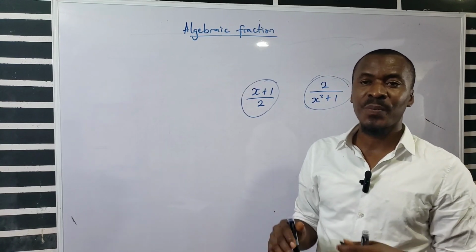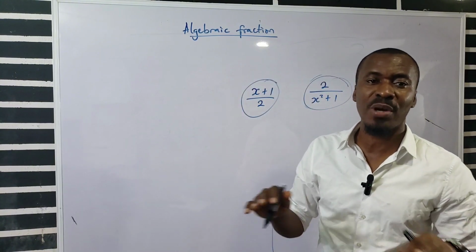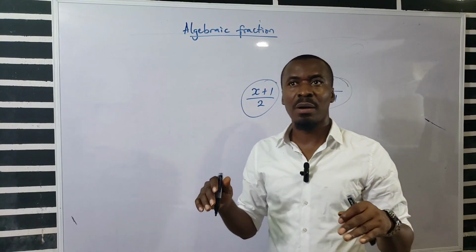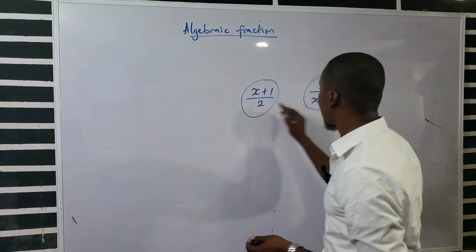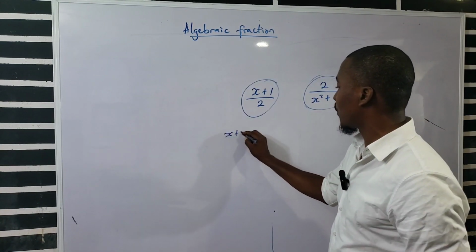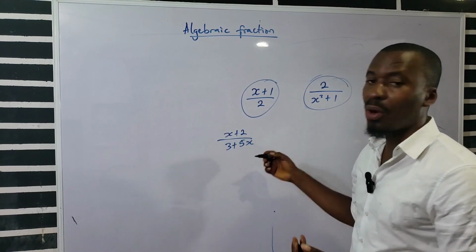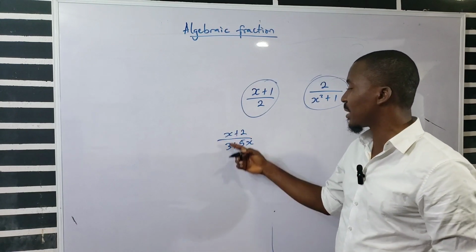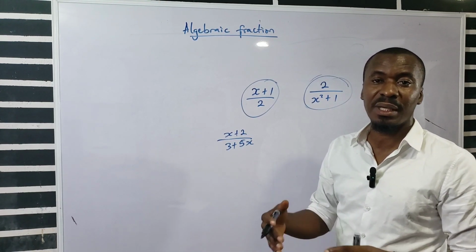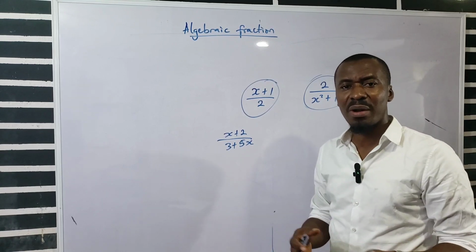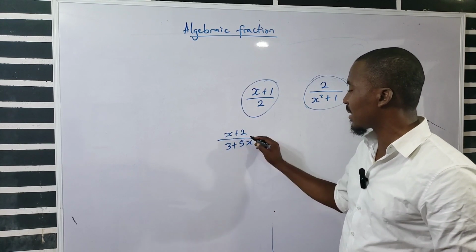So first of all, I always talk about use of brackets in algebraic expressions. What I mean is that when you have something like this, let's say x plus 2 over 3 plus 5x, I always advise that you put these things inside brackets. It will make you avoid the little mistakes or errors while solving your problems.